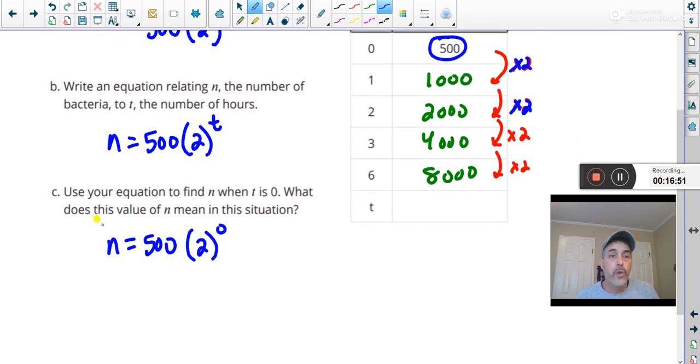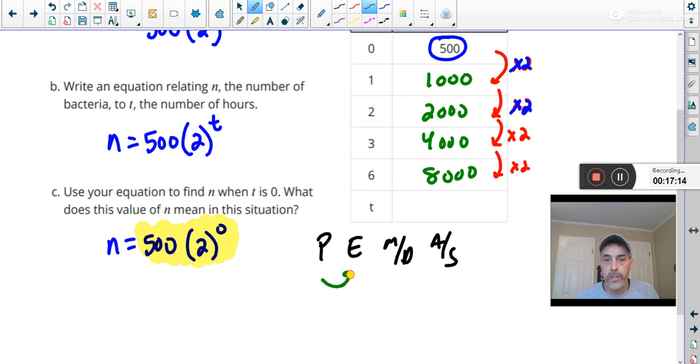Okay, so use your equation to find out what happens. If I am going to simplify this, I'm going to start using PEMDAS, my order of operations. Anytime I'm simplifying an expression, I need to use it. It says do exponents first. The parentheses is just a 2, so there's nothing to do. Now we go into exponents.